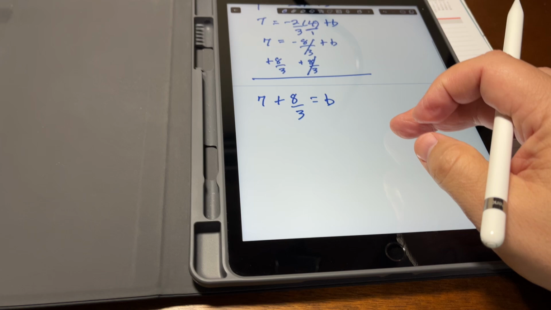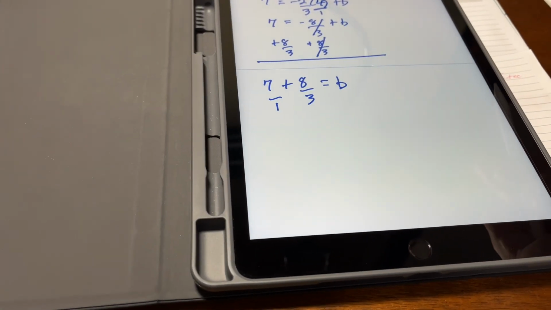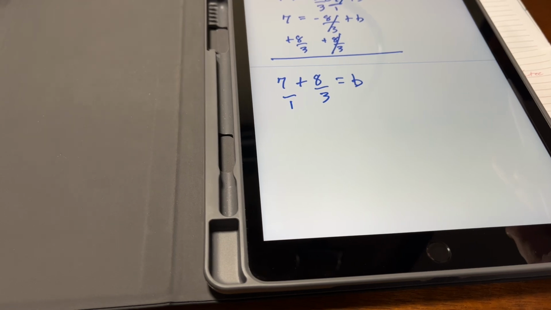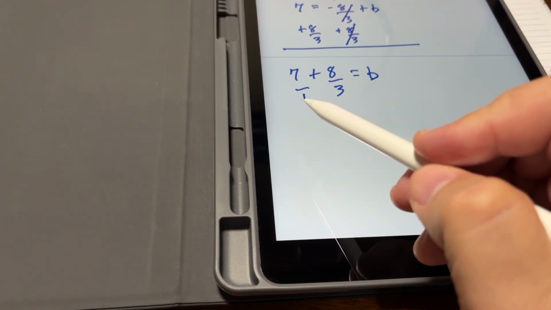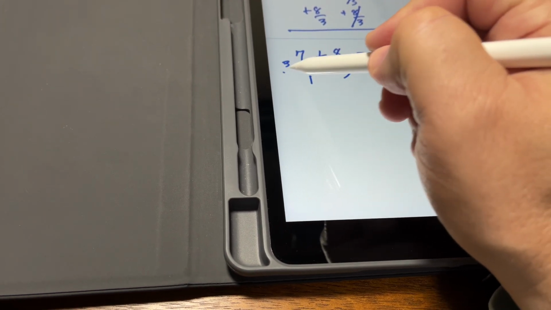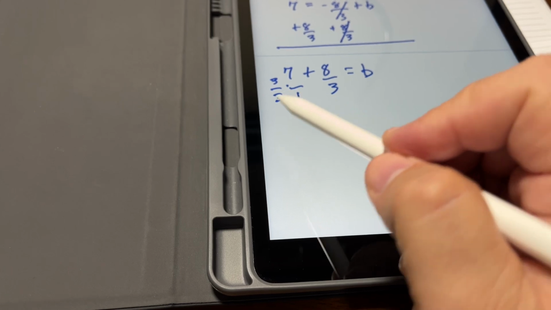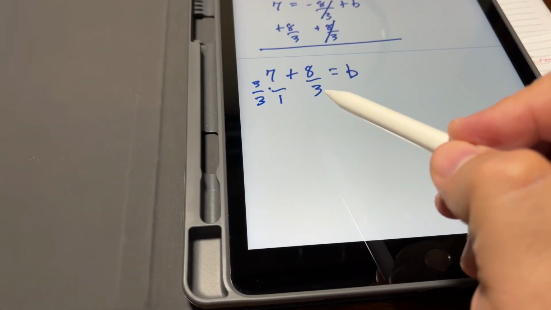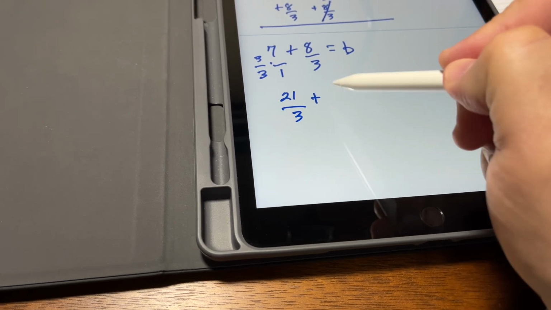Now, we need to figure this out. So I'm going to do it by hand, and then I'll come back and show you how to do it with a calculator. So that's 7/1 plus 8/3. So I need to have a common denominator here. So I'm going to multiply this side by 3/3. The benefit is that this side will have a denominator of 3. And of course, this side already has a denominator of 3.